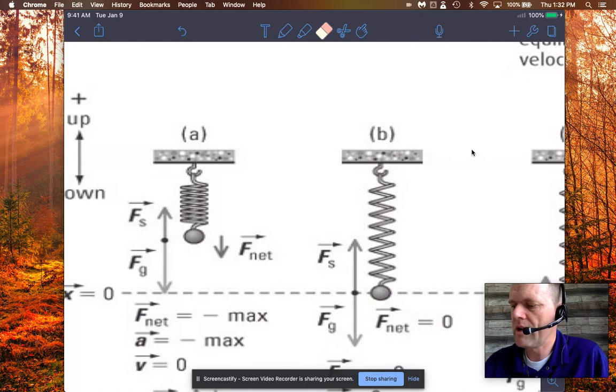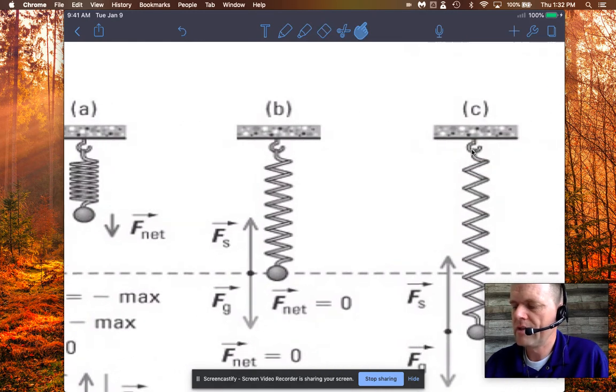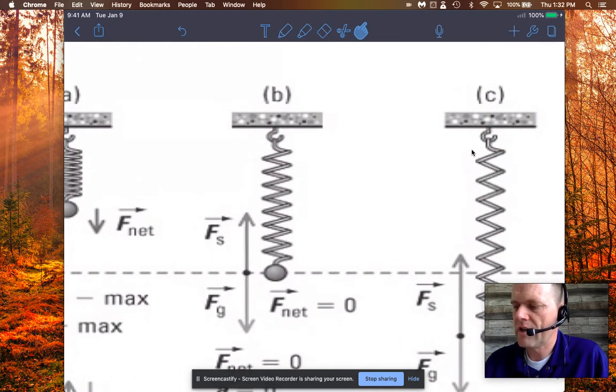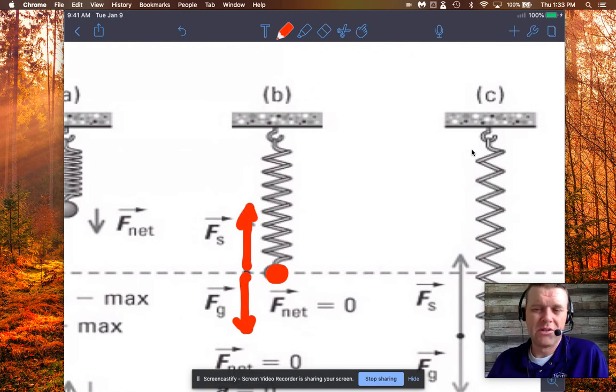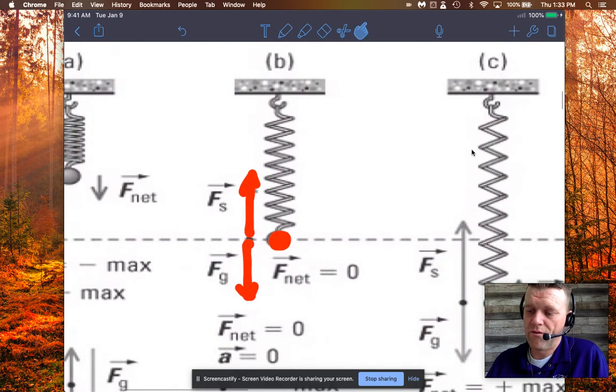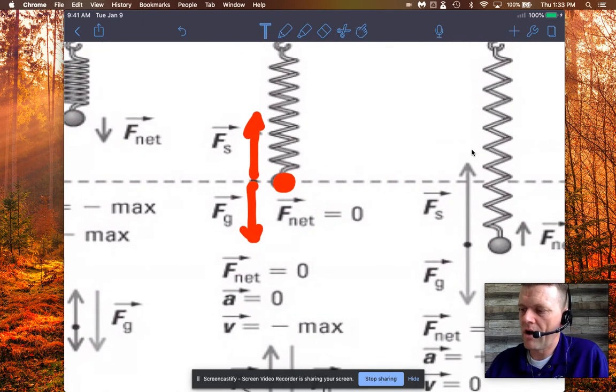If you go to this part, this is where the mass has returned to its equilibrium position, and here you'll notice that the force of gravity is equal to the restoring force from the spring. Just for that split second, the forces are balanced, so there is no net force on it, but you've now got a maximum velocity right there.